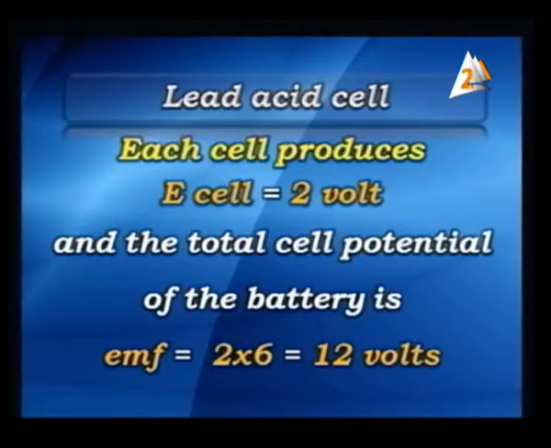So E cell for one cell of this car battery equals 2 volts. The total potential of this battery, EMF, equals 2 times 6 cells, equals 12 volts. So the voltage that results from this battery equals 12 volts, a large potential difference.